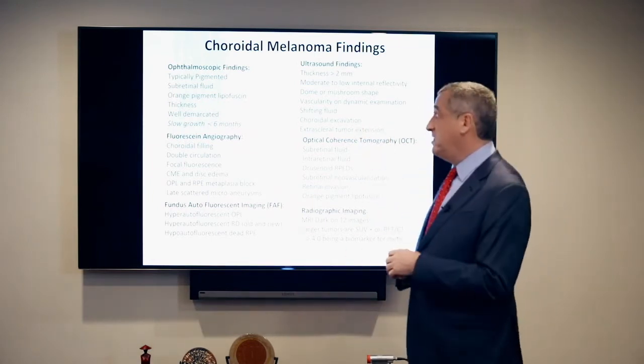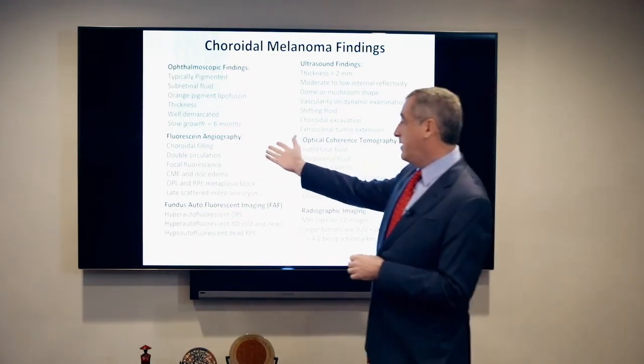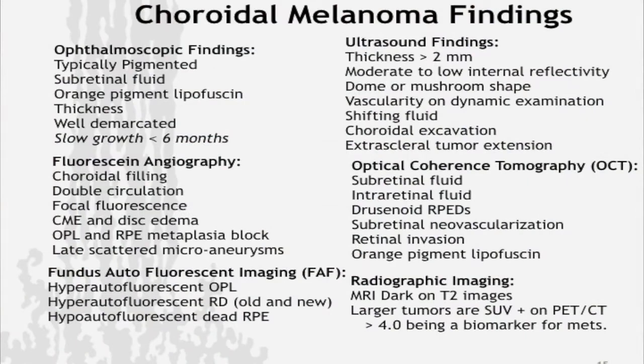They're usually pigmented, thickness, fluorescein angiographic findings, fundus autofluorescent imaging findings, ultrasonographic findings, OCT findings. We didn't have OCT back in the day. And even radiographic findings, MRI findings, and PET-CT findings.